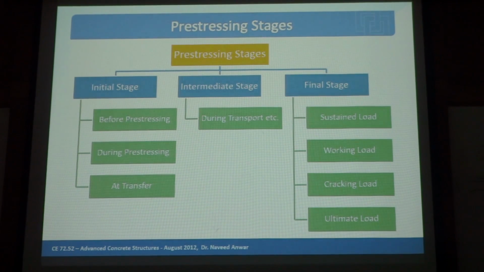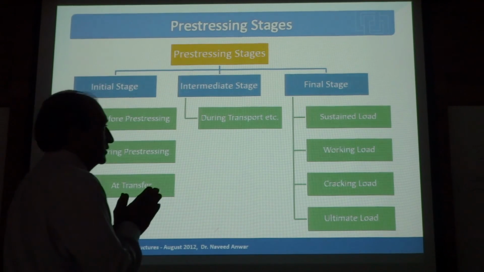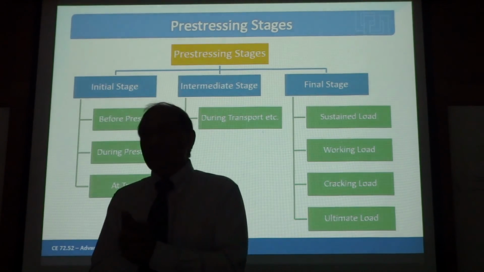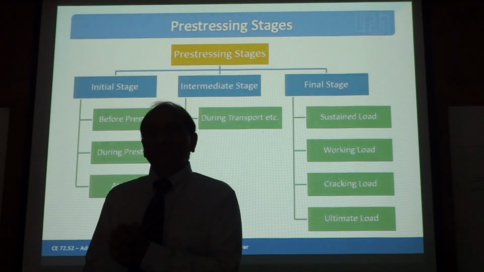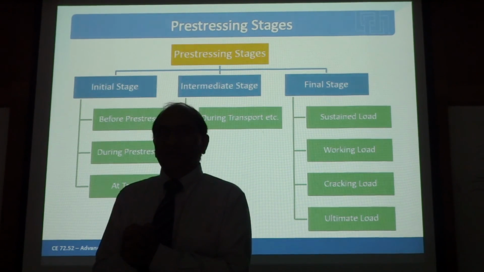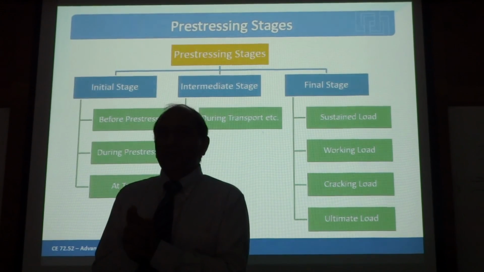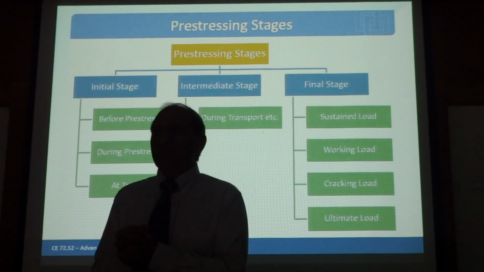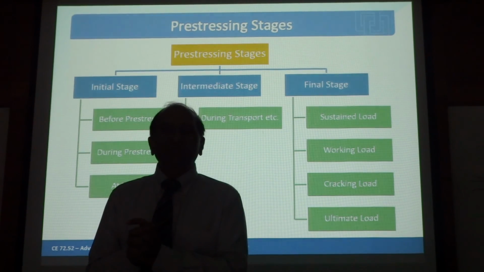The most complicated example of a pre-stressing or post-tensioning operation is balanced cantilever construction, balanced cantilever bridge construction. Do you know what that is? Anybody who knows about that, raise hands. Balanced cantilever bridge construction.